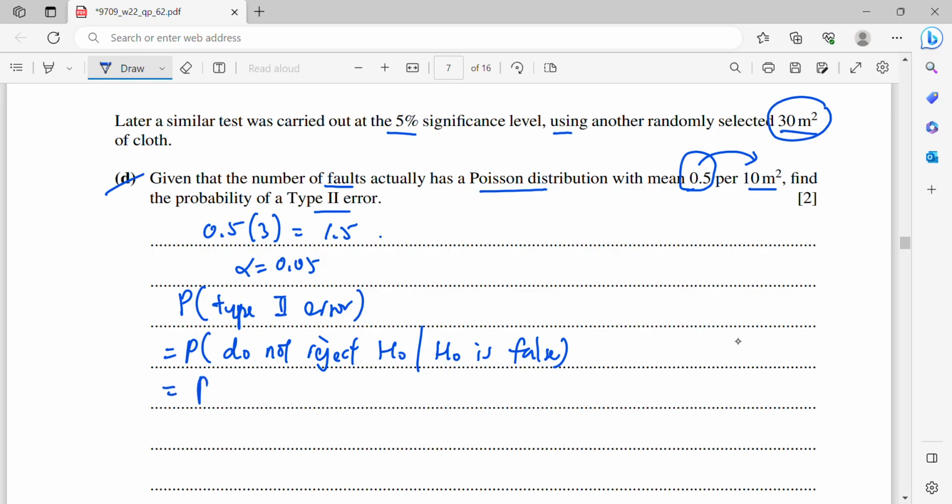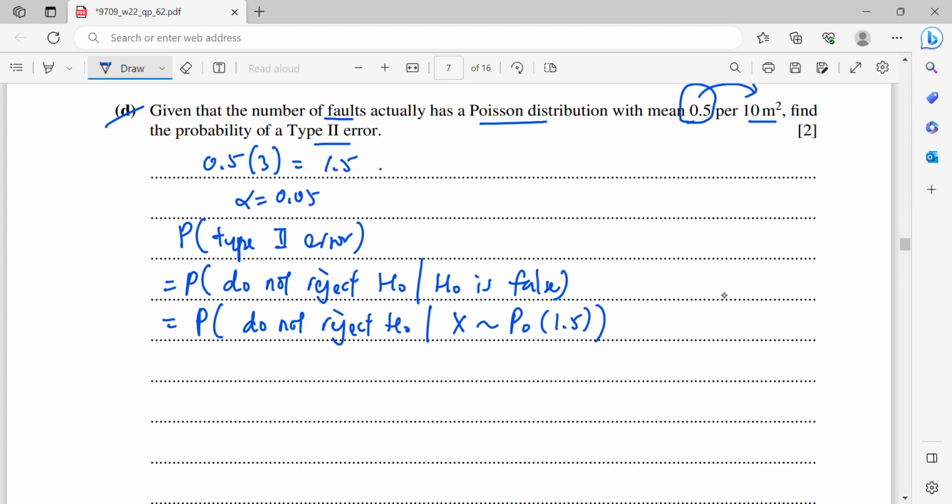So this means do not reject H0, given that your X is Poisson 1.5. Okay, that's the correct distribution, right, because your H0 is false. So now from here, we know the condition for do not reject H0 based on the previous part.